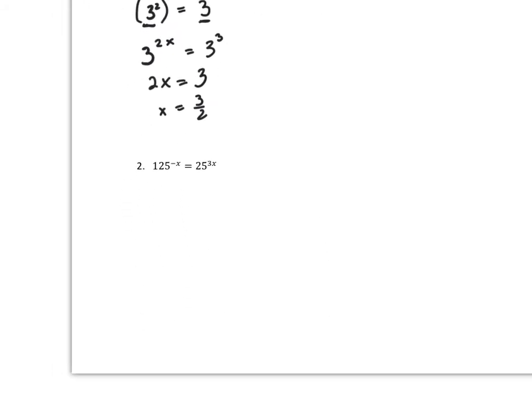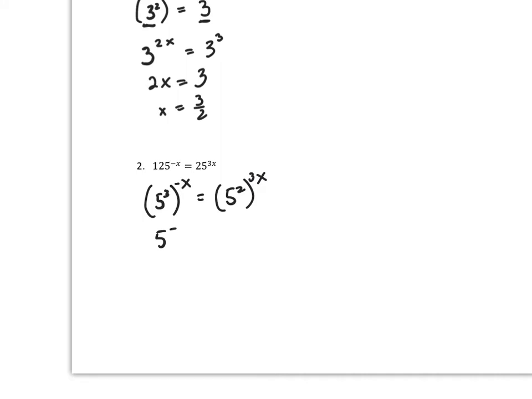Number 2, 125 and 25. We're going to be able to rewrite those with a base of 5. 5 to the third is 125, but you can't lose that negative x. And 25 is 5 squared, to the 3x.